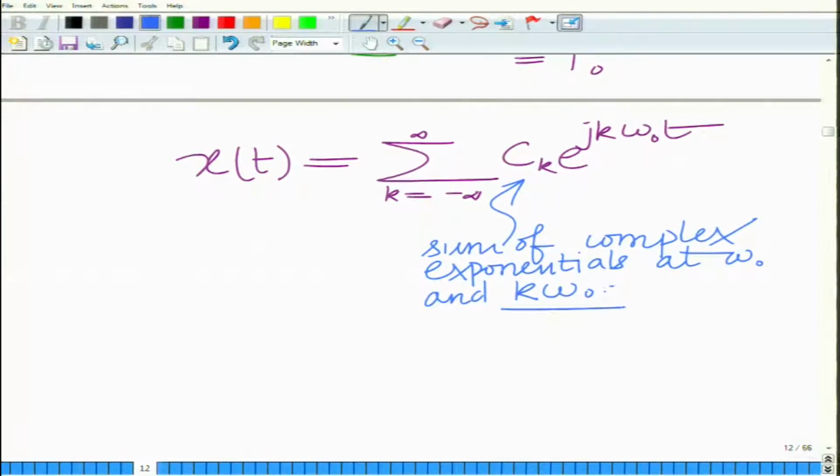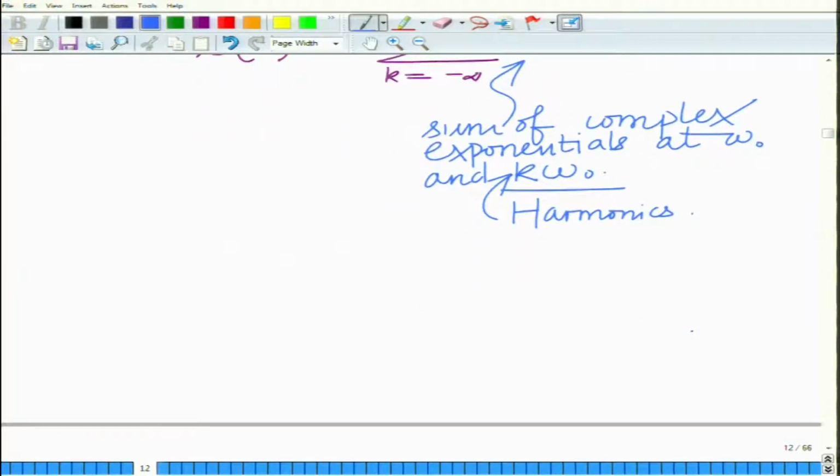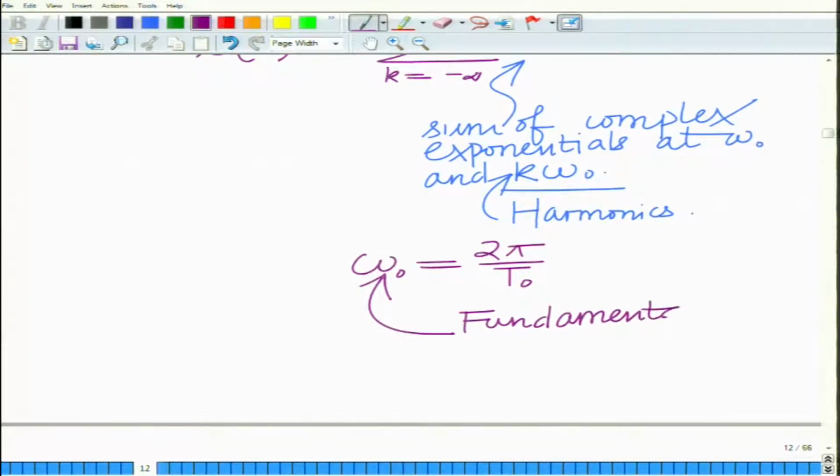And remember these are the harmonics, that is when you have k omega naught, these are known as the harmonics. Okay. And remember omega naught is the fundamental angular frequency, omega naught equals 2 pi by T naught. This is important to remember.